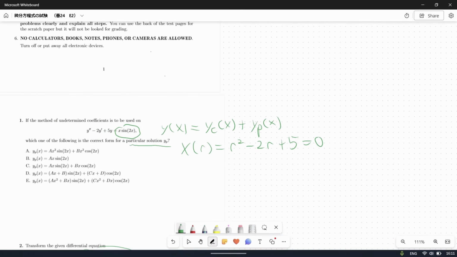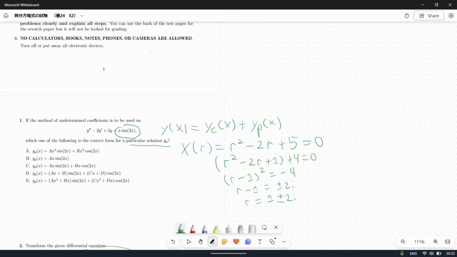So when we do that, to complete the square, you'd have r squared minus 2r plus 1 plus 4 is equal to 0. So r minus 1 squared is equal to negative 4. So r minus 1 is equal to plus or minus 2i. So r ends up being equal to 1 plus or minus 2i. So as expected, we ended up with a complex term for r.